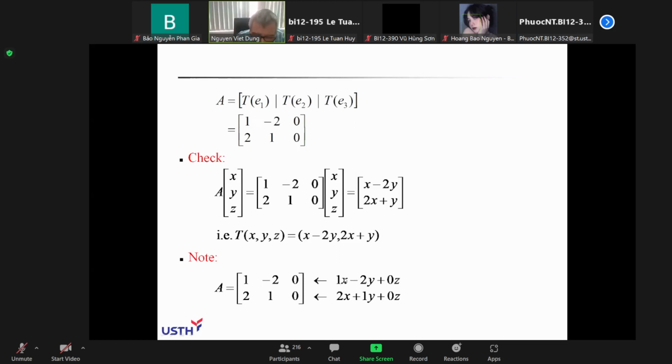So we take the coefficients. 1 goes here, minus 2 goes there, and 0 goes here. That is the first row of the matrix. The second row of the matrix comes from the second coordinate of the formula, which is 2x plus 1y plus 0z. So 2 goes here, 1 goes here, and 0 goes here. That is the way we write down the standard matrix for any linear transformation.